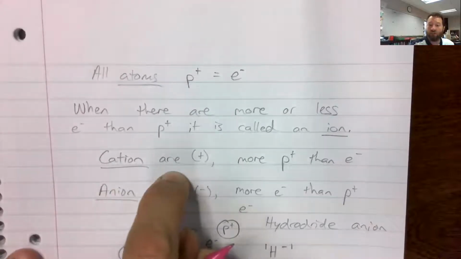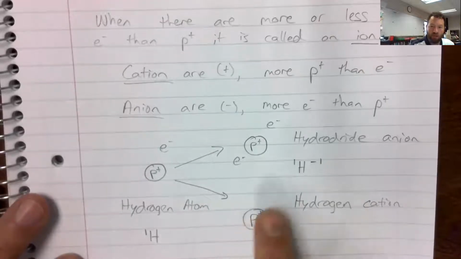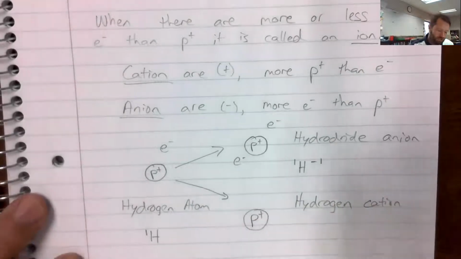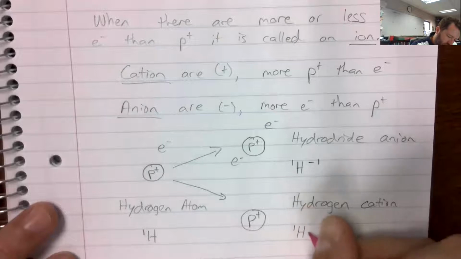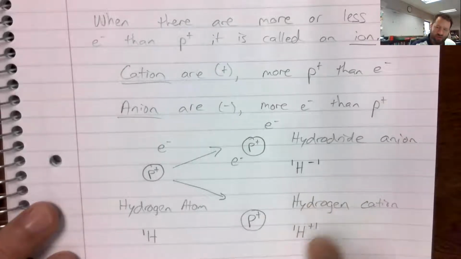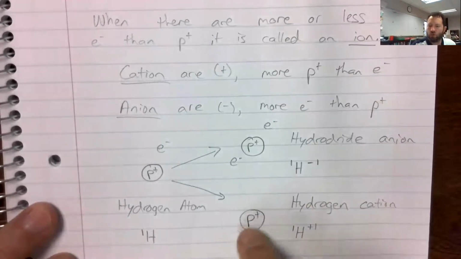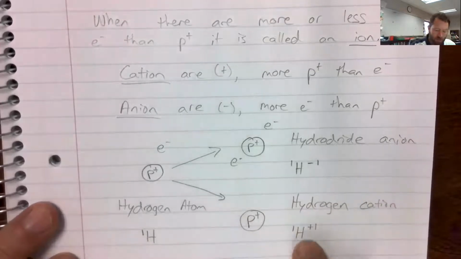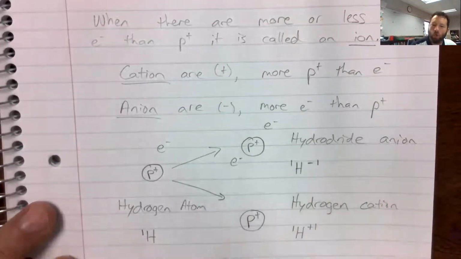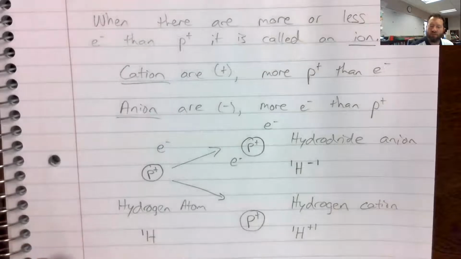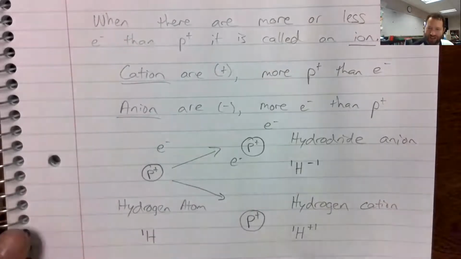They are positively charged. There's more protons than electrons. So again, one proton, no electrons. And the way that we write that is H+1. And there's the 1 telling us there's no neutrons, just one proton. And the +1 telling us there's one more proton than electron.